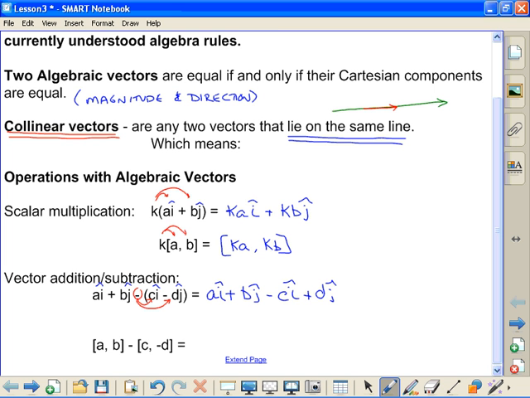So now you're adding like terms. It's the exact same as grade 9, where you're identifying, hey, these are x terms, so they can be collected together, and these are y terms, so they can be collected together. So this becomes, in brackets, a minus c in the i direction, plus b plus d in the j direction. So I factored out the i and the j.